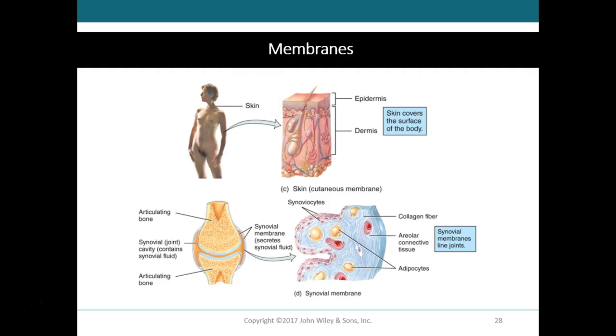Now, what does that term tell you? Stratified, many layers, squamous, flat. Okay? Then the dermis is the deeper layer where we find the hair follicles and the sweat glands and lots of blood vessels. So the dermis is made up of lots of areolar and dense irregular connective tissues.